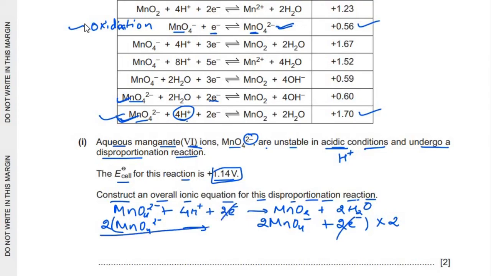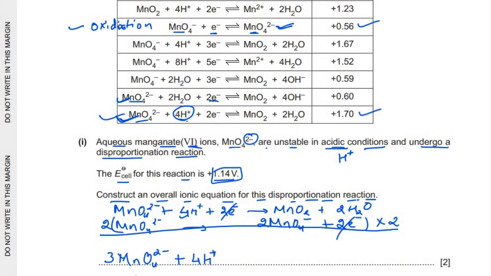Now adding these two equations, what we get is an overall equation. So 1 MnO4 2- and then 2 MnO4 2- will give us 3 MnO4 2-, that is manganate(VI) ions, plus we have 4H+ as such unused, so we'll write that also.